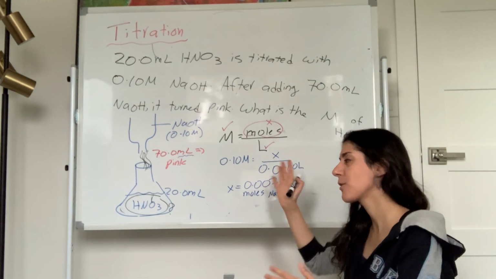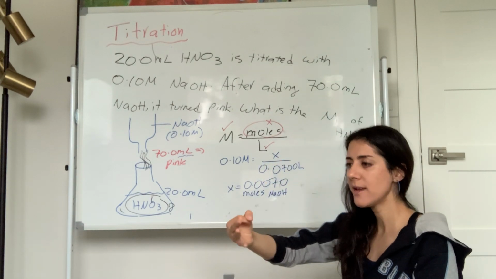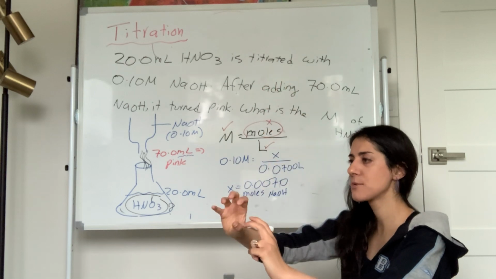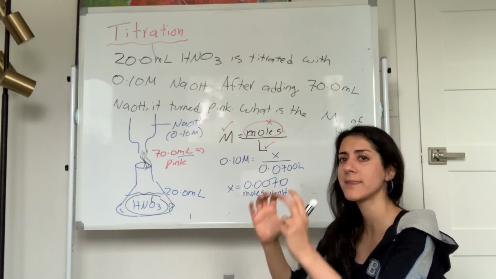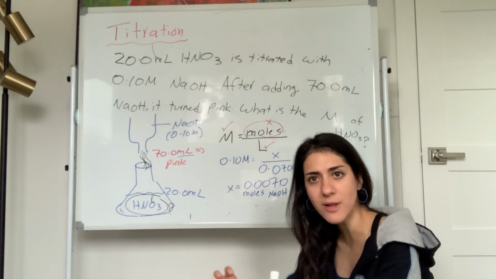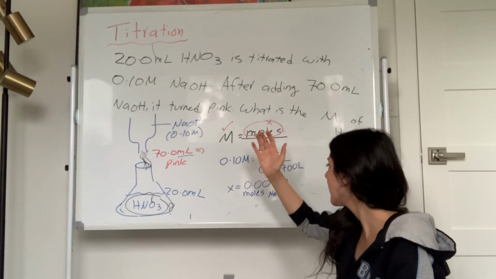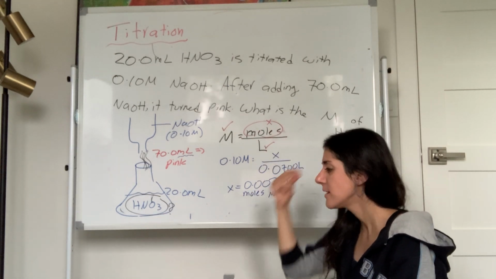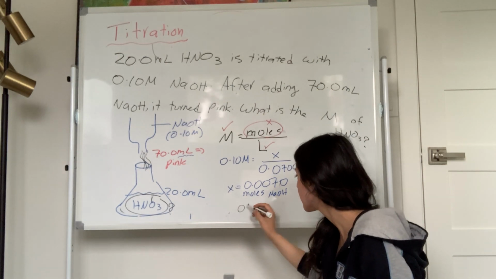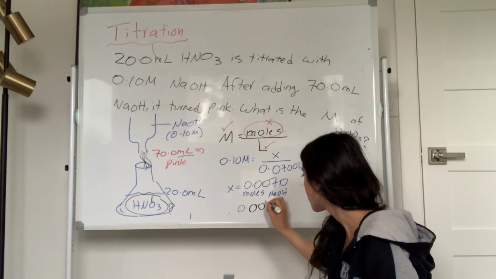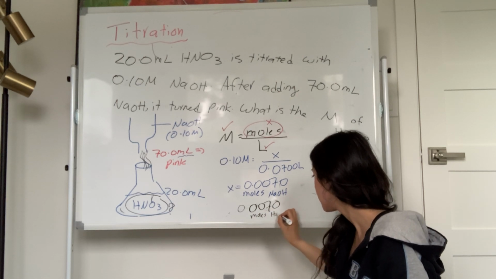Go back to the problem I did. I had 3 H plus here, I added 3 OH and it turned pink. Because I added 3 OH and it turned pink, I knew I had 3 H plus. This is exactly the same thing. I added 0.0070, then it turned pink. So how much of the acid did I have? That means I had 0.0070 moles of the acid.